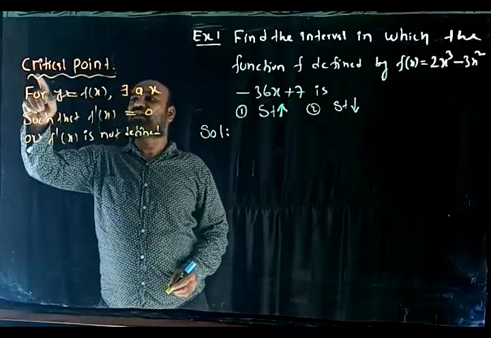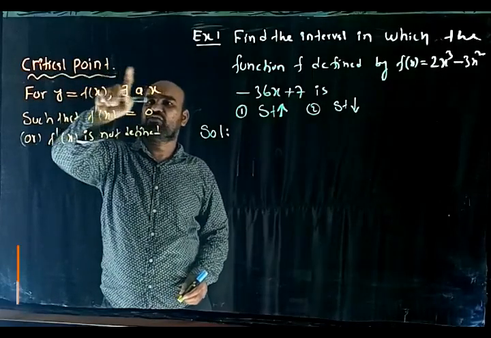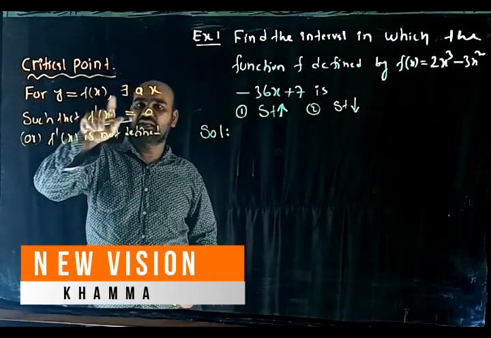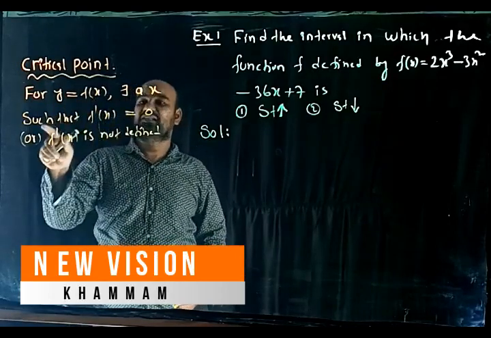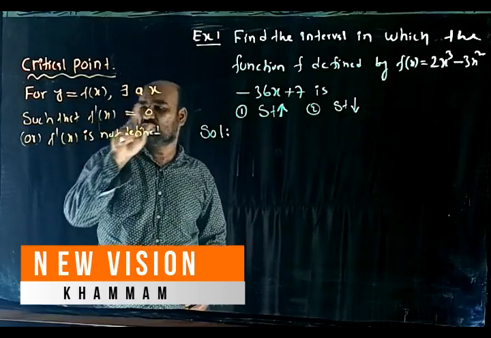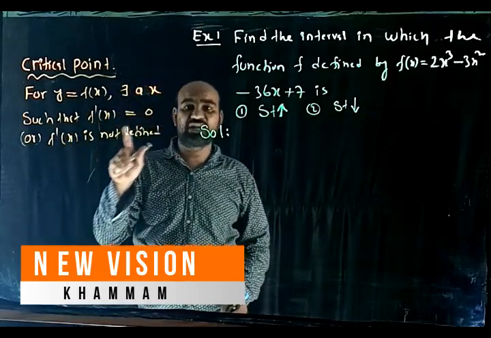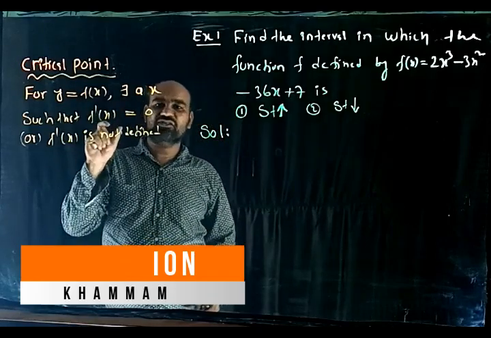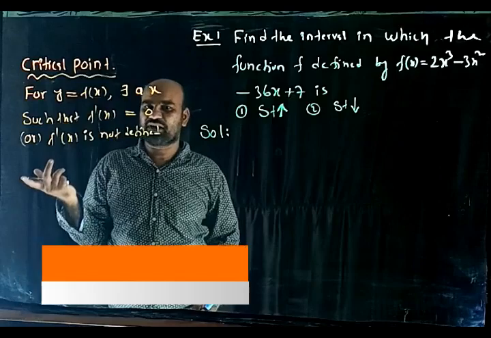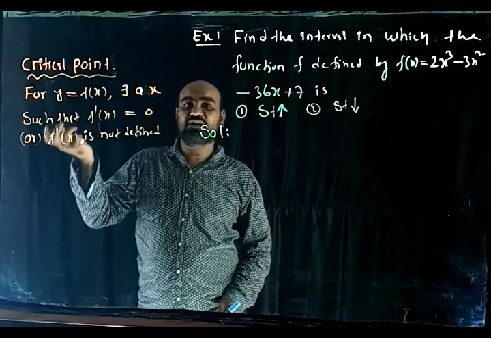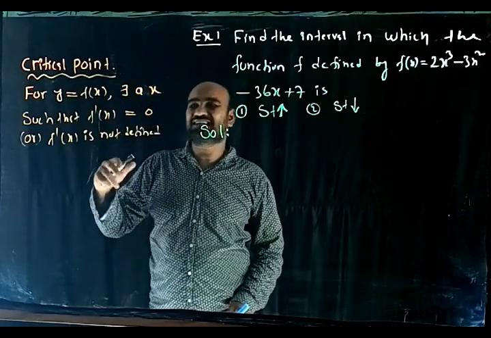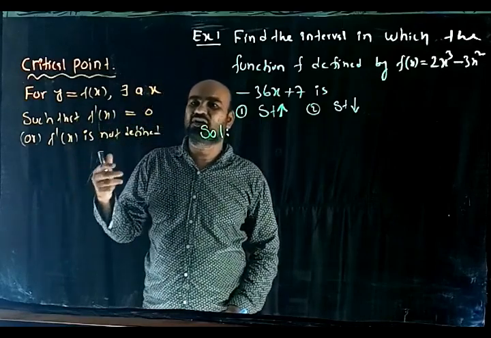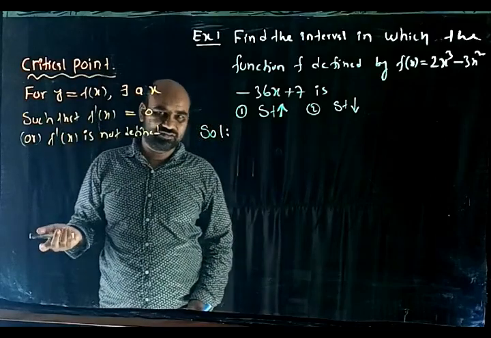Students, for y equal to f of x, if there exists an x such that f dash of x equal to 0 or f dash of x is not defined, such x is called a critical point. For a function, one or more than one critical point exists. Based on critical points only, you can apply the sign scheme for f dash of x, and by using that sign scheme only, you can know the nature of f of x.